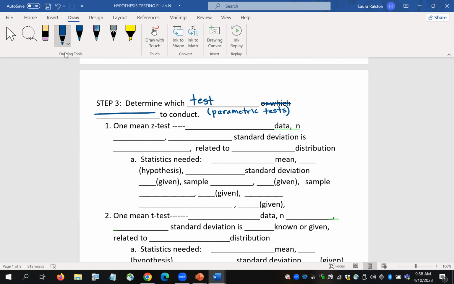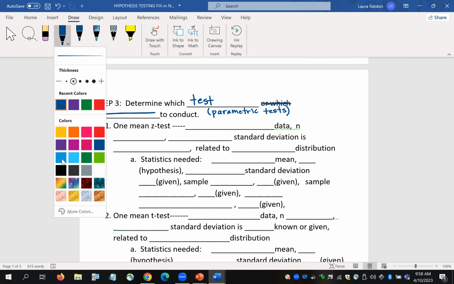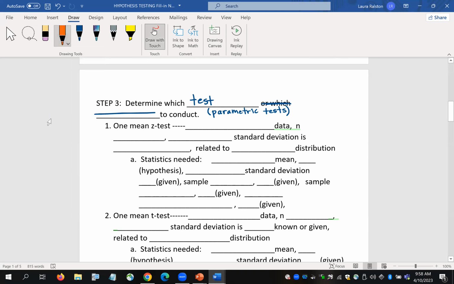So the first one that we're going to talk about is the one mean z-test. With the one mean z-test, you have quantitative data. Okay, so we would have numbers. Remember, quantitative data is numbers.